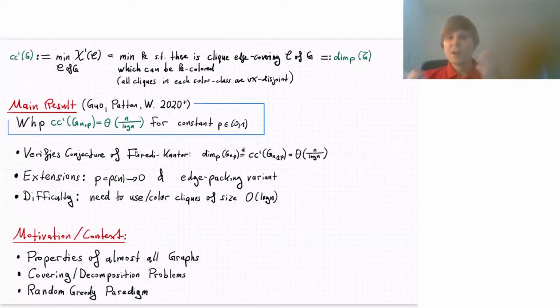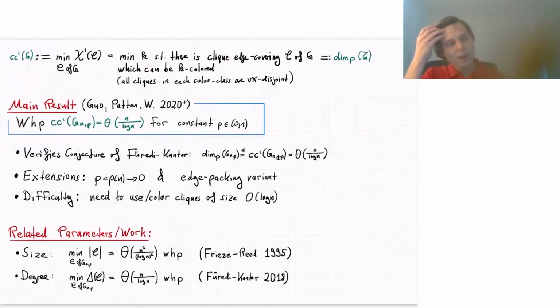And the other is where you use this semi-random nibble type approach, where you always construct your objects by taking large chunks of your object at a time. In each case, the specific technique will have some technical advantage compared to the other. So in some sense, we're using here the best of the two worlds of the random greedy paradigm.